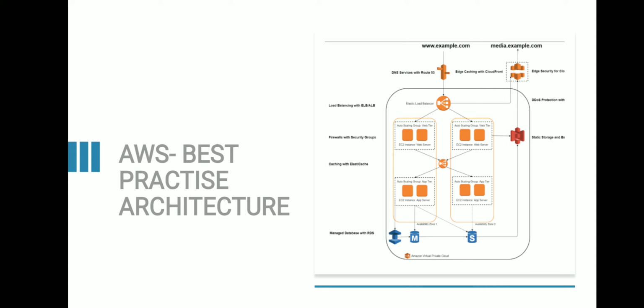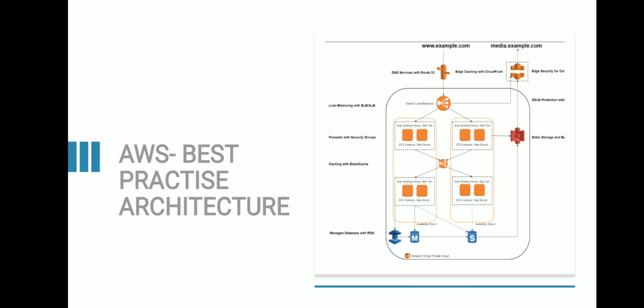And since this is the best practice architecture, you see we have implemented several AWS services, right from load balancing, availability zones, AWS security group, Route 53, Amazon CloudFront, Amazon Web Application Firewall, and AWS Shield to prevent us from denial of service attacks.